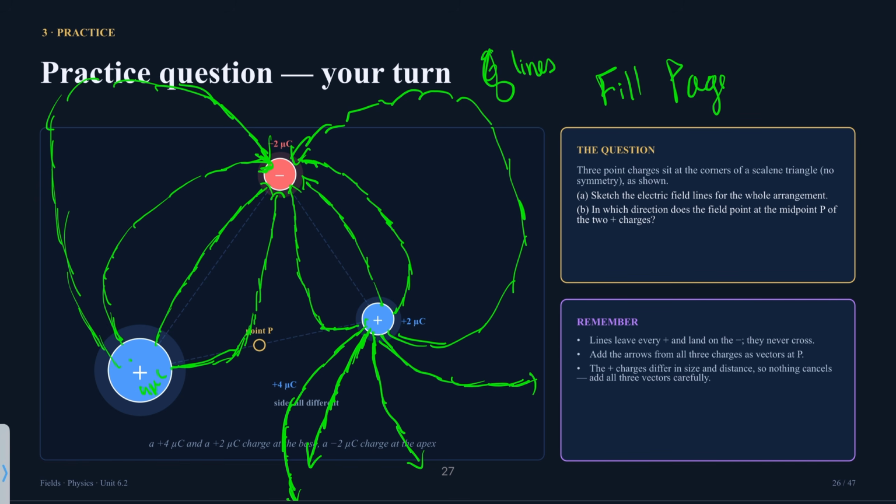Okay. Actually, this field is going to be overwhelmingly dominated by the larger magnitude charge. So I'm going to draw it more like that. Since each one gets 8 lines, since this is twice as large, it's going to get 16 lines. Okay. So I have 4 lines here, but I need 12 more lines.